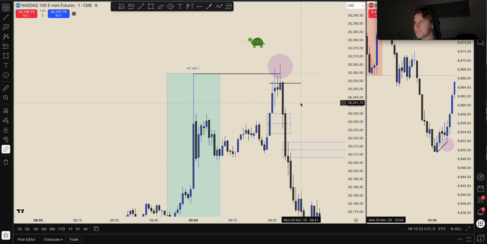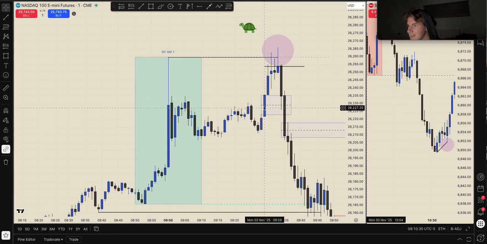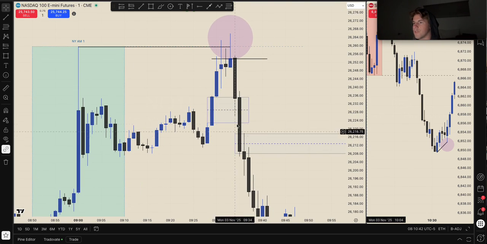That's just where we use previous buy side imbalance or sell side imbalances when they get inversed, meaning it inverses in the opposite direction. So we've got buy side imbalances, then it gets inversed by sell off candles. Just like that.